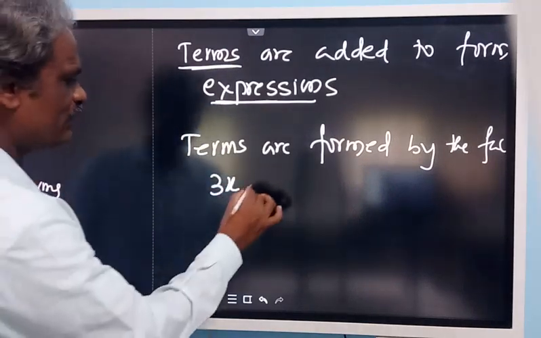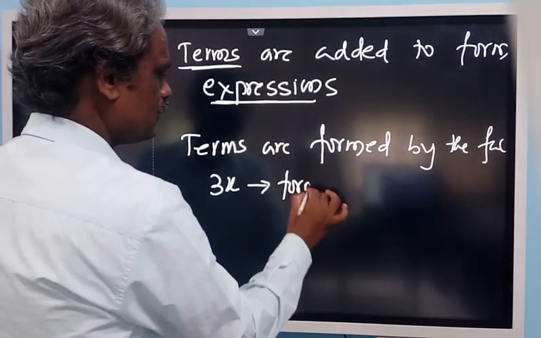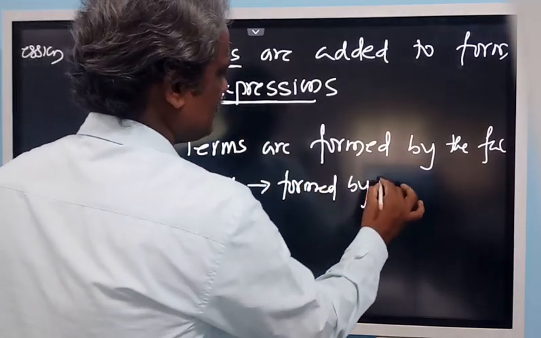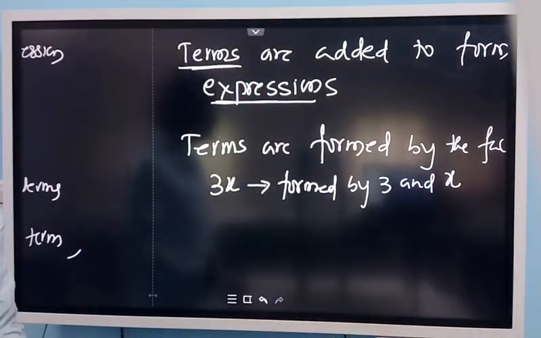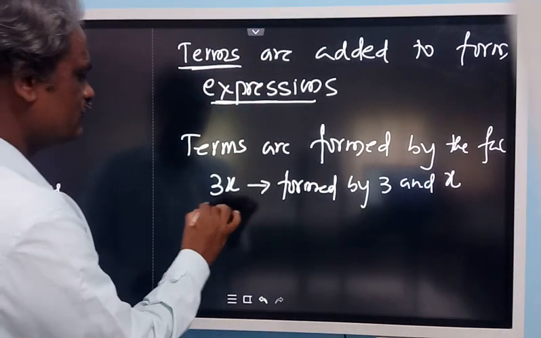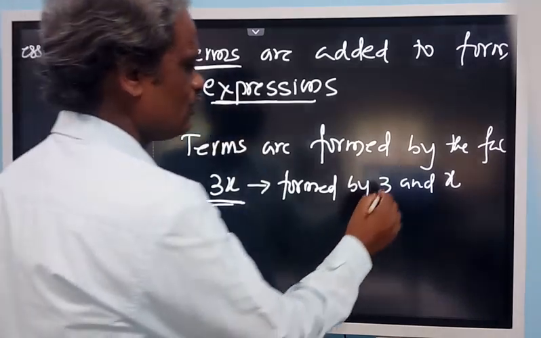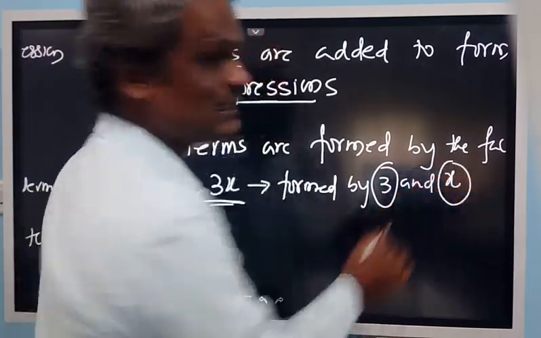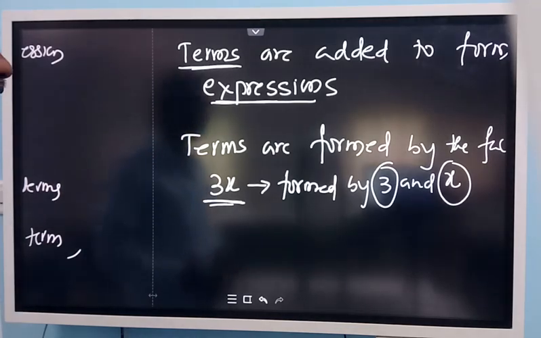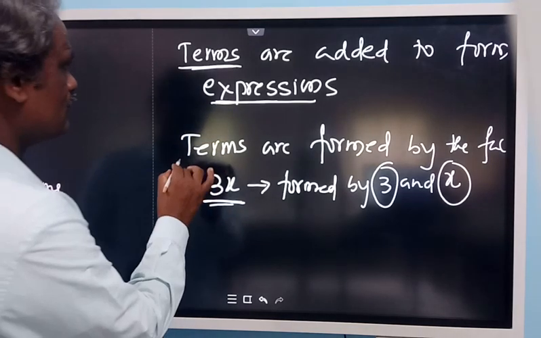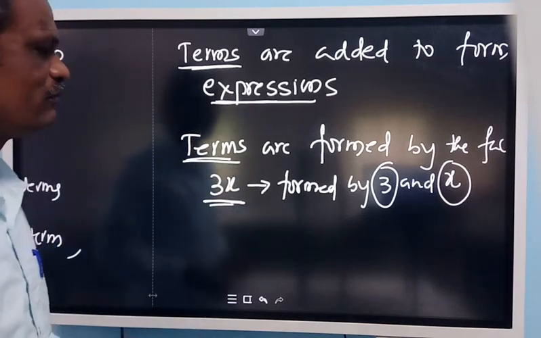This is formed by 3 and x. 3 and x are the factors. This term 3x is formed by two factors, 3 and x. Terms are formed by factors.